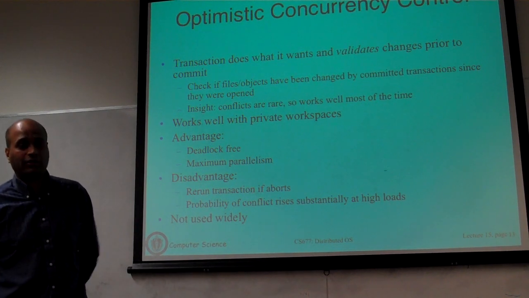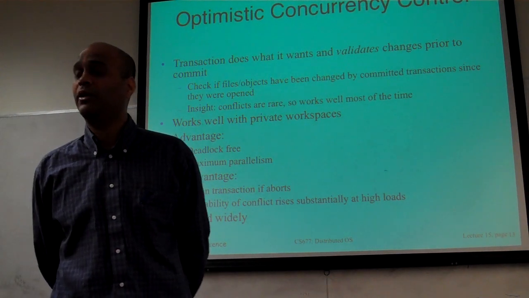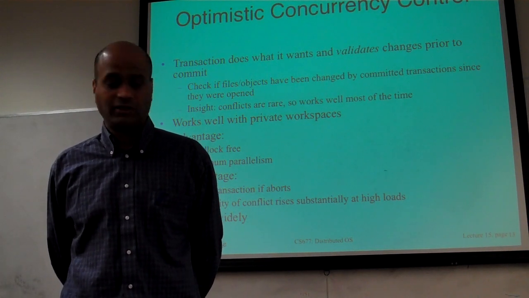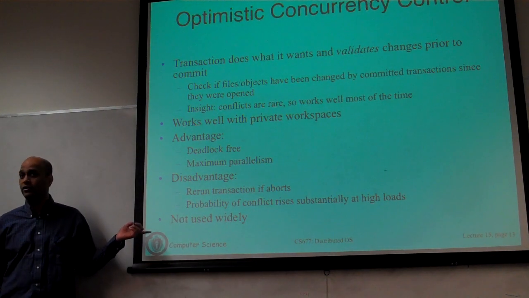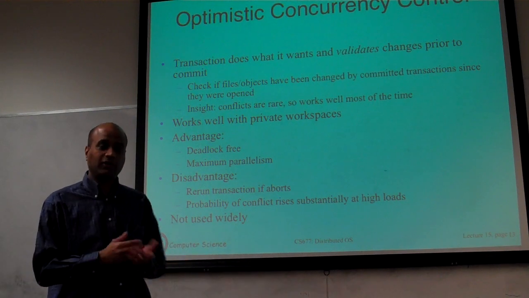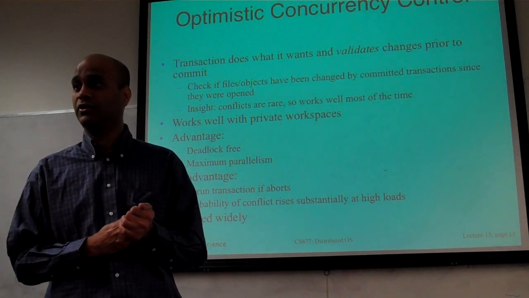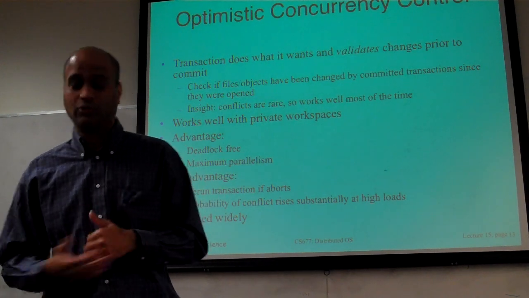Okay. Now, there has been a lot of work done on optimistic concurrency control, how to implement it and so on. But as it turns out, no commercial system actually implements it today. The flip side of concurrency control is what is called pessimistic concurrency control, where you actually use locks. Optimistic doesn't use locks at all.